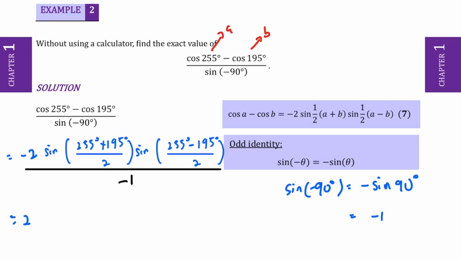Now let's work out the angle inside here. Just use a calculator. You'll have sine 225 degree, sine 30 degree. Sine 30 degree is already an acute angle, so this is very easy to solve. Sine 30 degree is half, right? Now you just need to solve for sine 225 degrees.